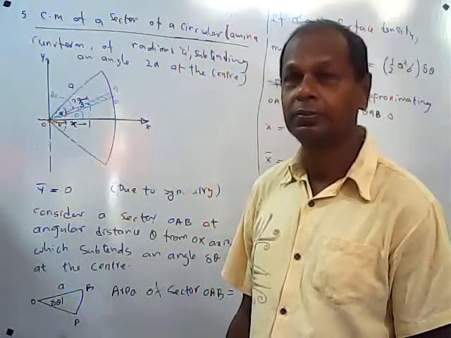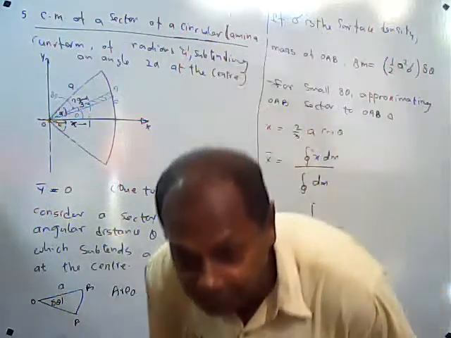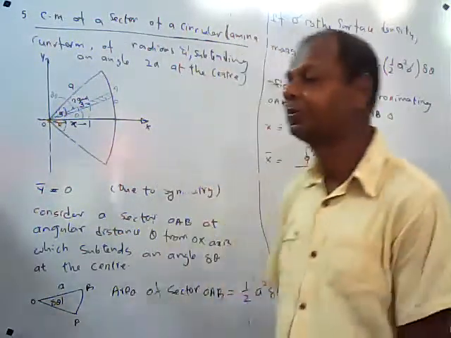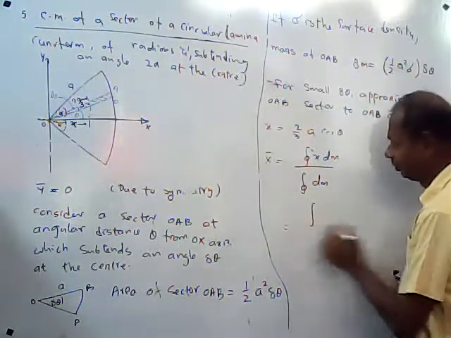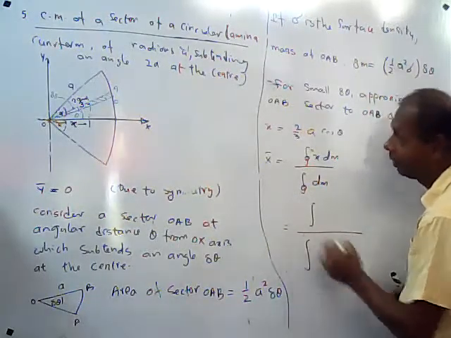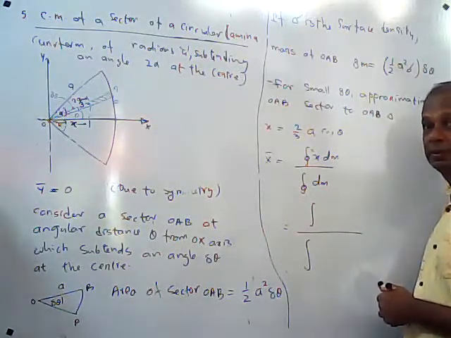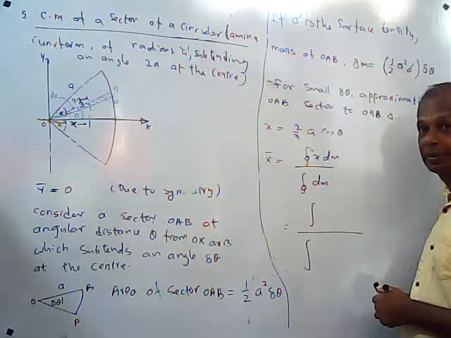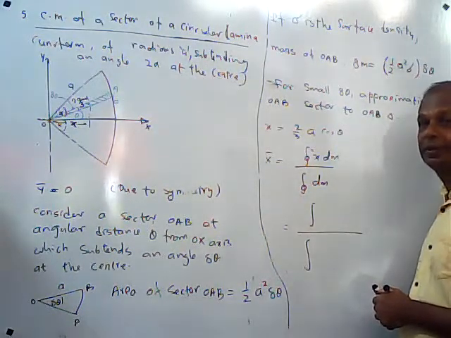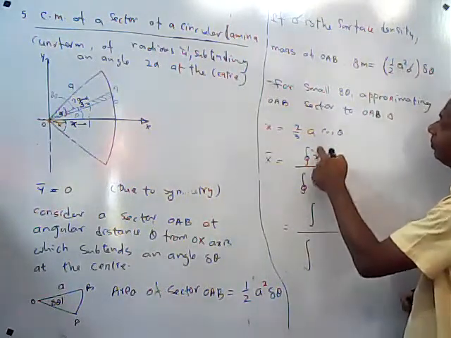Okay, x bar. Sir, it is 0 to alpha. Range. You iterate over the range. What is the range? Integrate from minus alpha to plus alpha.